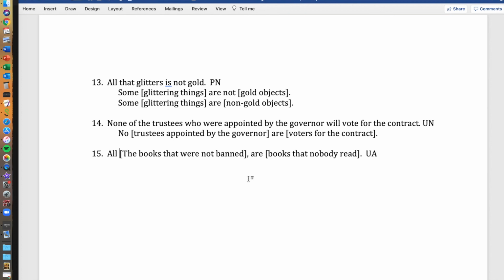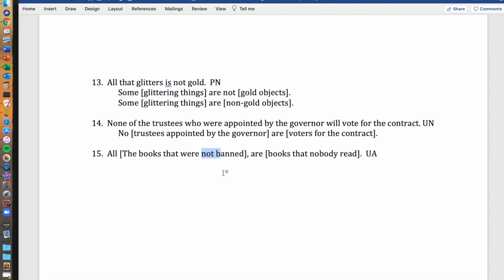You could also be a little more precise, or maybe precise is not the best word. You could also be a little bit more efficient. And instead of saying the books that were not banned, because if you keep that not in there, you might lead yourself into some confusion thinking it's a negative statement.